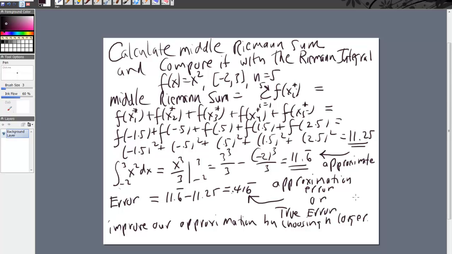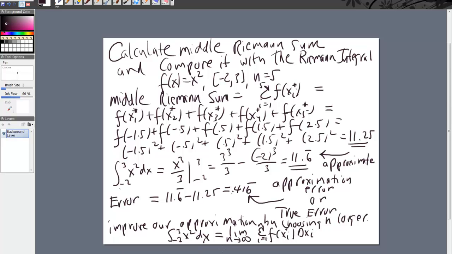What this means is exactly what we showed in a previous video, that the integral from minus 2 to 3 of x squared dx is equal to the limit as n approaches infinity of the summation i equals 1 to n of f of x sub i star times delta x sub i.